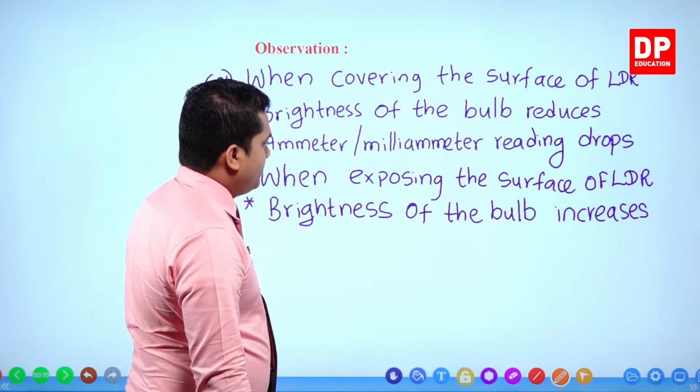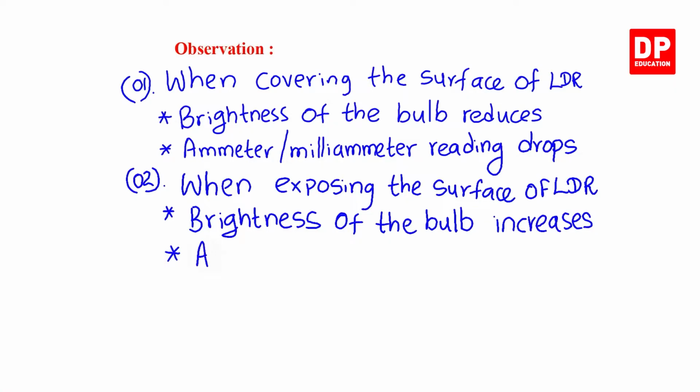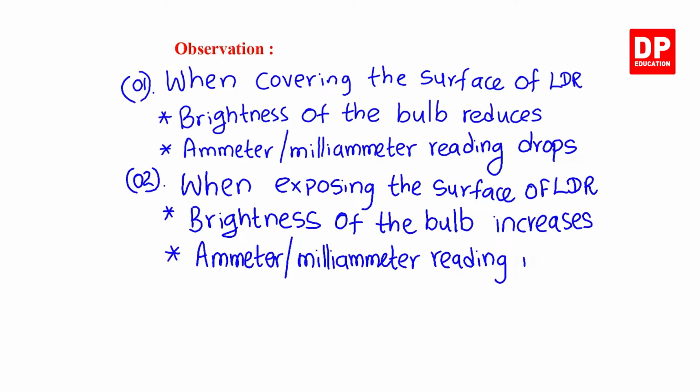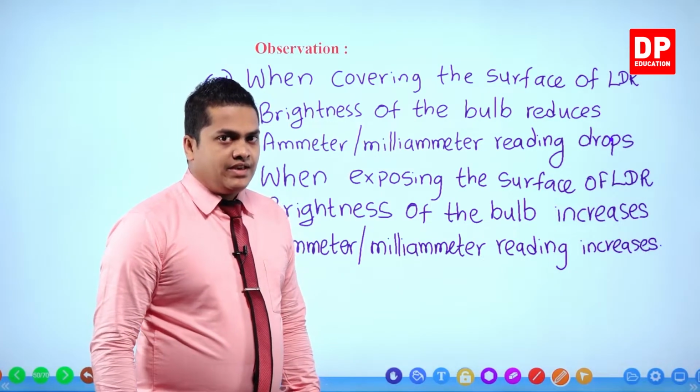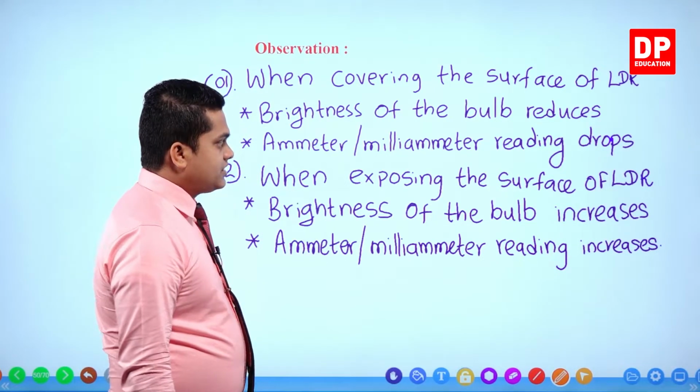Brightness of the bulb increases. Then second one, ammeter or milliammeter reading increases. Both the brightness and the readings are going to increase when it is exposed.